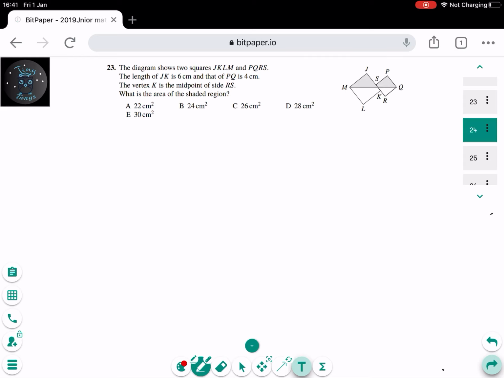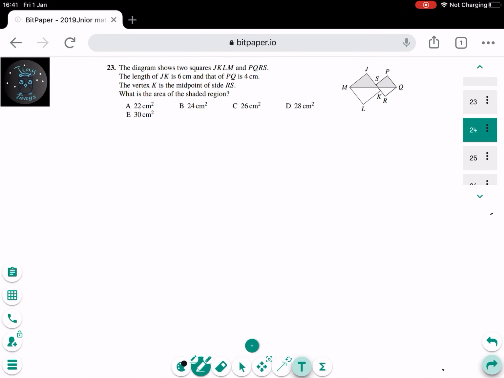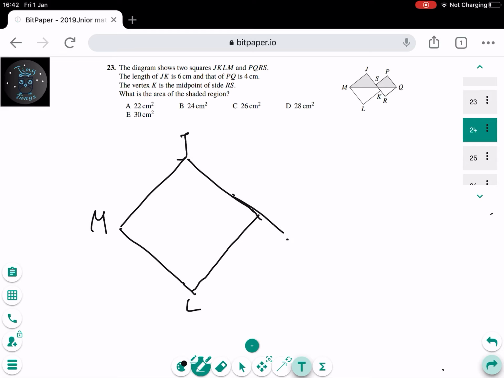For question 23, it might look a bit scary, but if you make this shape, so let me enlarge this first. So O, M, J, and that's about here, that's halfway.